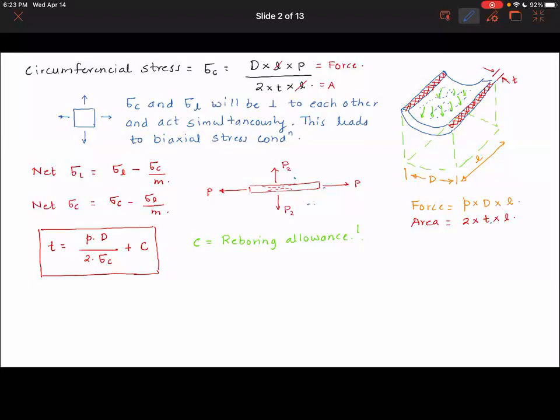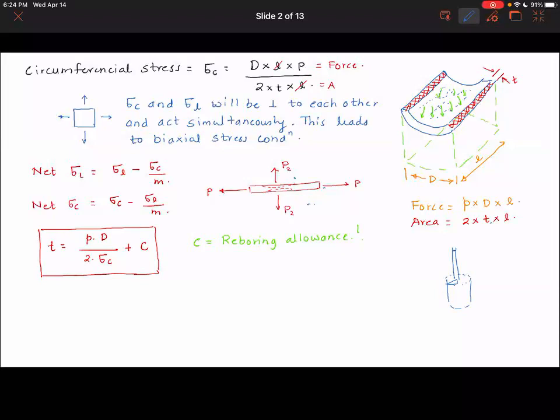So at that time, they use a boring machine. I would encourage you to look at a boring machine. What they do is take out some material from the inner cylinder.